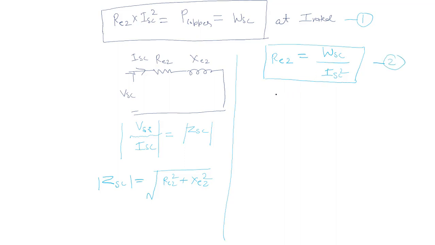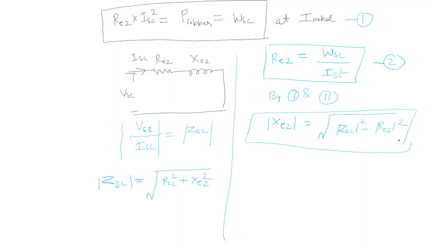From equations 1 and 2, we can say that the magnitude of XE2 is nothing but the square root of Z short circuit square minus RE2 square. So we can find XE2 as well. Easily, by performing the short circuit test, we can find P copper, RE2 and XE2. So this is all about the short circuit test.